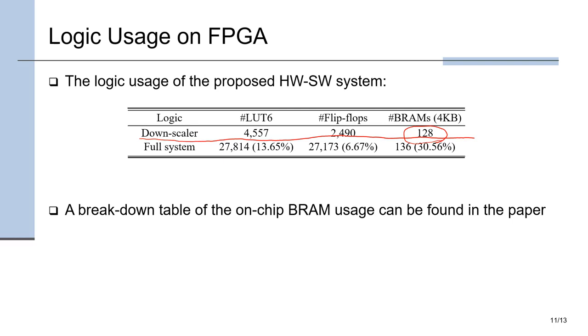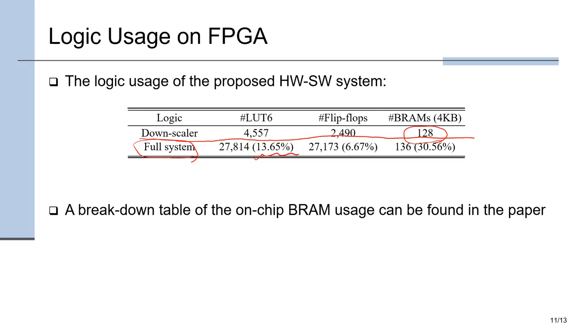Right? The full system itself actually occupies 13% of the lookup tables on the FPGA, which is kind of big because the capacity of the FPGA we use is quite large, and most of the circuit resources are used by the memory controller.